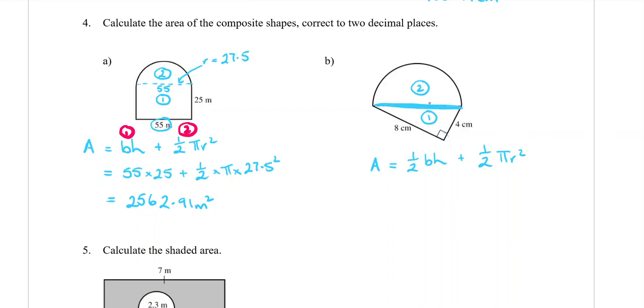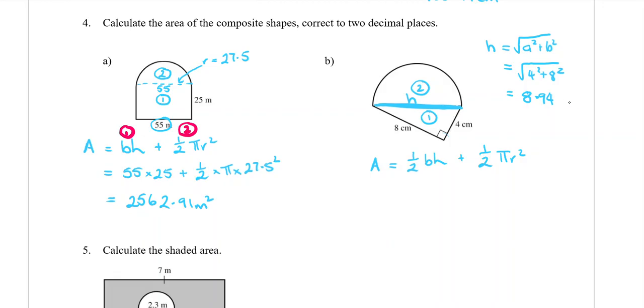So I'm going to need to use Pythagoras' theorem to find the hypotenuse, which is that third side of the triangle. So let's do that up here. Hypotenuse is equal to the square root of a squared plus b squared. That's the formula. The a and the b will be 4 and 8. And then when you put that in your calculator, you find that the h is equal to 8.94 centimeters.